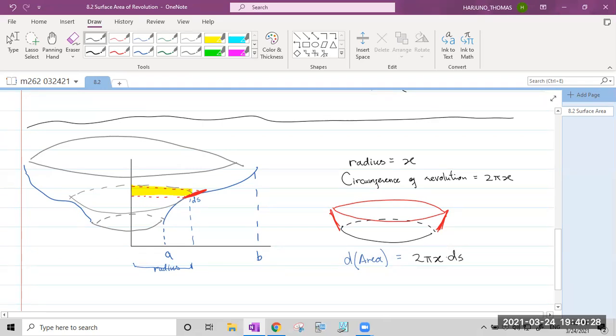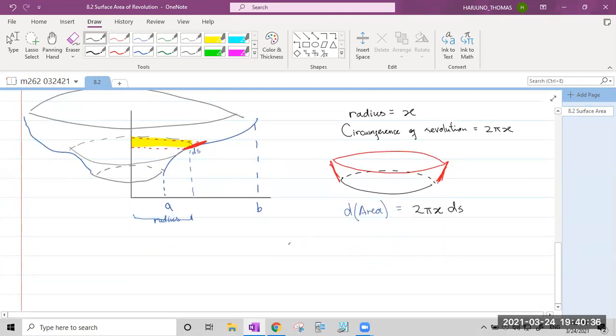Is it right? Now the surface area, therefore, equals the sum of all such bands from x equals A to x equals B. That will be an integral from A to B, right?